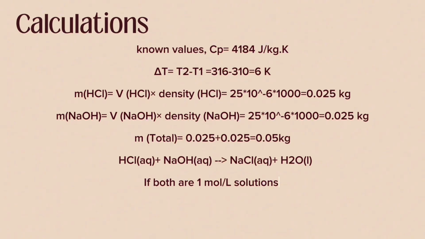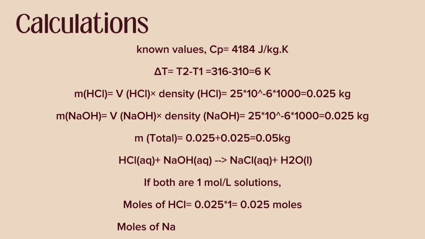Let's consider the reaction HCl plus NaOH giving NaCl plus H2O. If both are 1 mole per liter solutions, the moles of HCl can be calculated as 0.025 times 1 mole per liter, which means 0.025 moles. The moles of NaOH are calculated the same way.